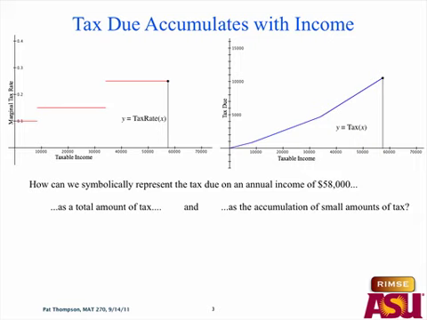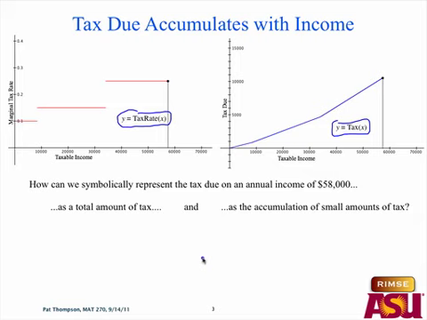So what do you got? You've got your tax rate function and the tax function. So how could we represent the tax due on $58,000 as a total amount of tax?